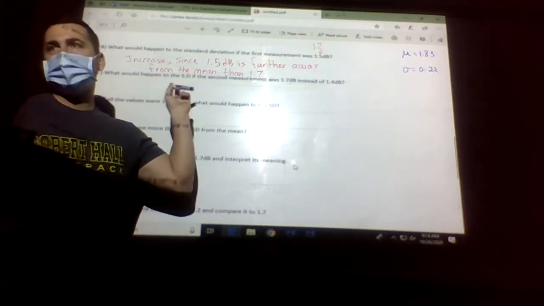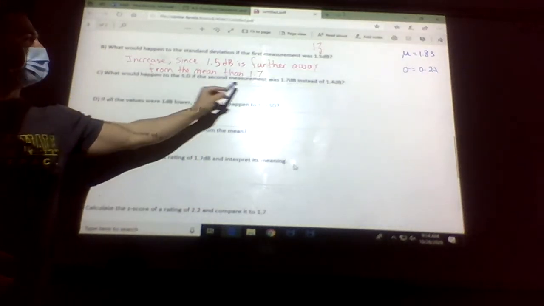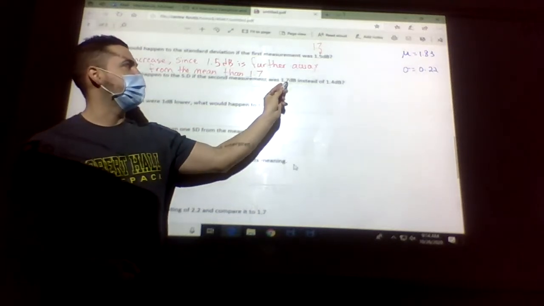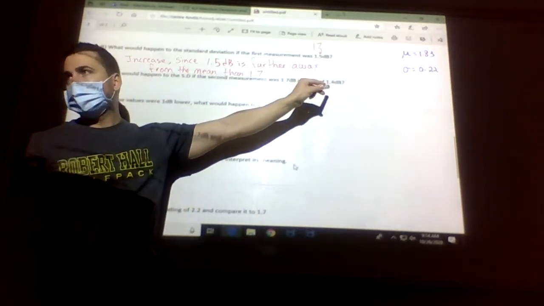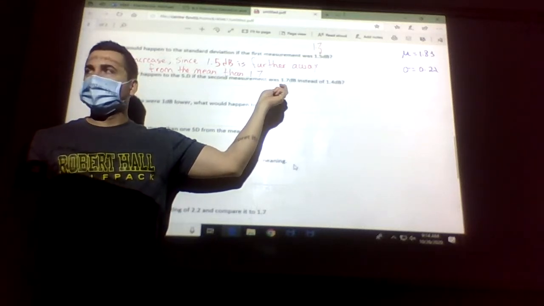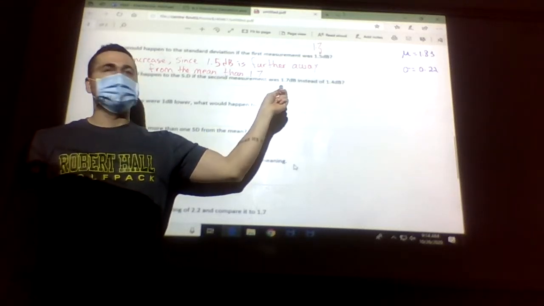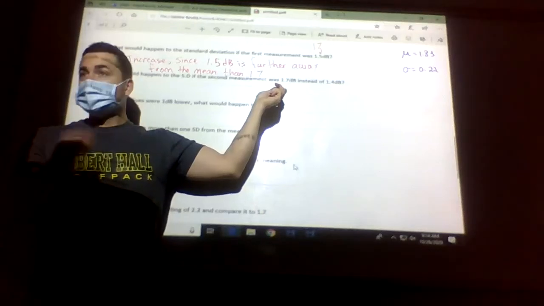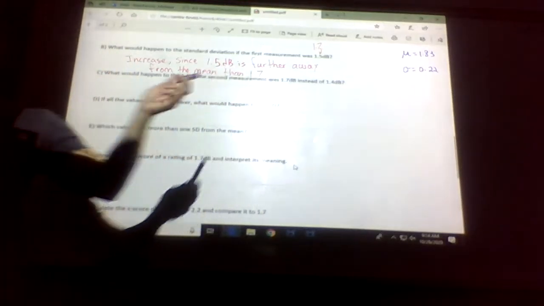Going the other way, what would happen to my standard deviation? SD is standard deviation just for short. If the second measurement was 1.7 instead of 1.4, is the 1.7 closer or further than 1.4 from the average? It's closer. So what's going to happen to the standard deviation? It goes lower, it gets smaller.